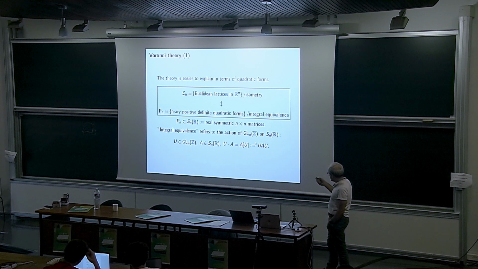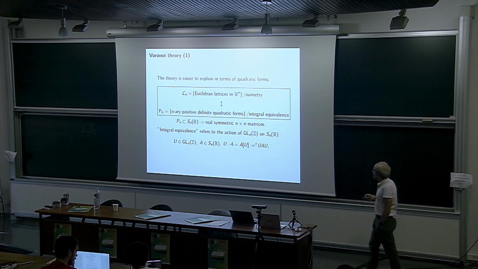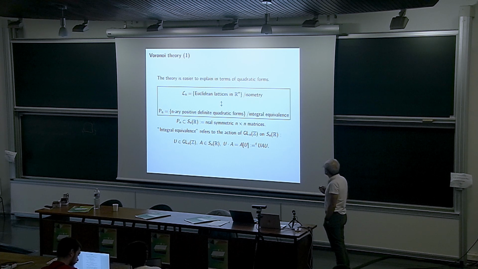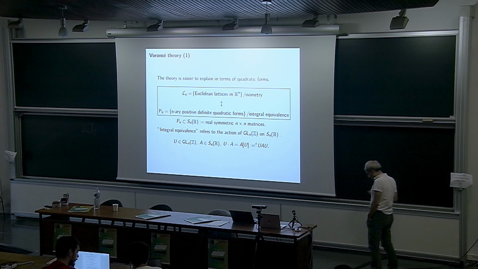And on the other hand, we already saw how to associate a quadratic form to a lattice just by considering the Gram matrix of a given basis. I will recall that in the next slide. And then there is a different equivalence relation to take into account, which is that we will consider positive definite quadratic forms up to integral equivalence.